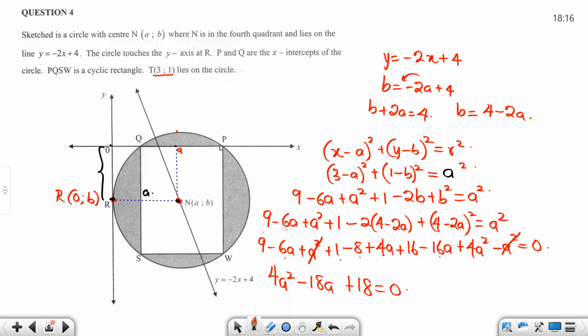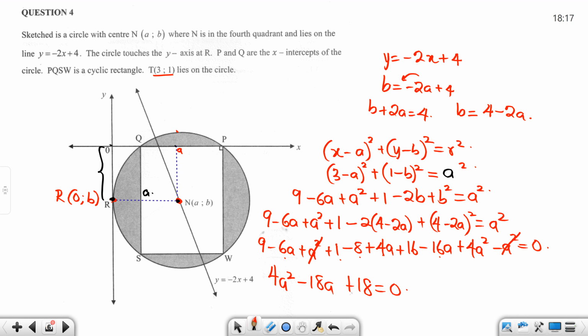Let's get A. Everybody, quickly. Zahir, we just did algebra.